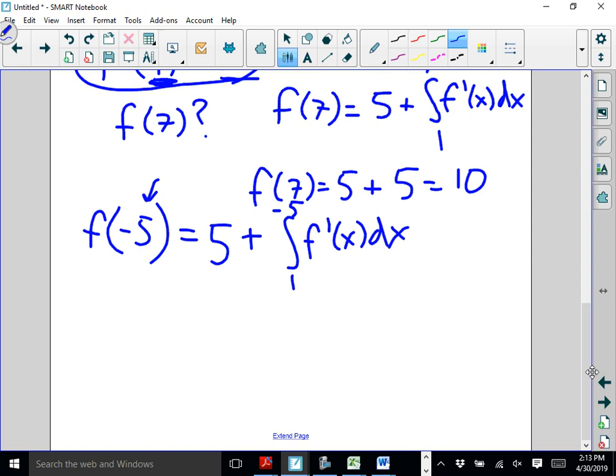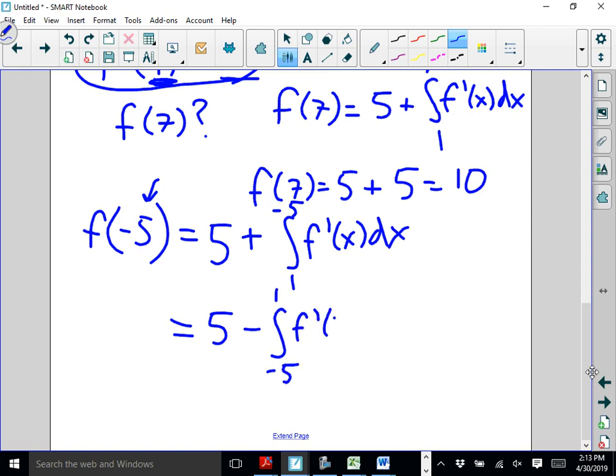Right? If I just had a function, I could do bump and divide and just plug in -5, plug in 1, and subtract them. But when I'm doing this by hand on the graph, I definitely want to switch the order here. So what I'm going to say is this equals 5 minus the integral from -5 to 1 of f prime of x dx.